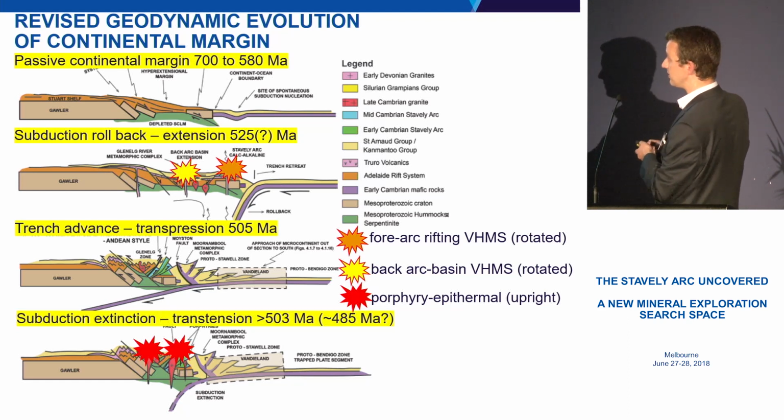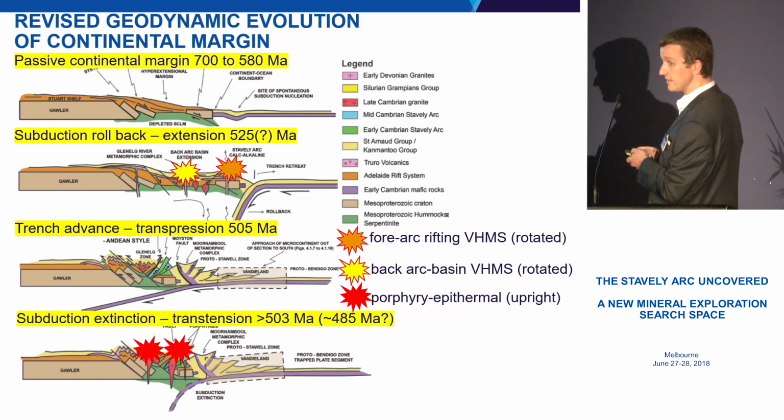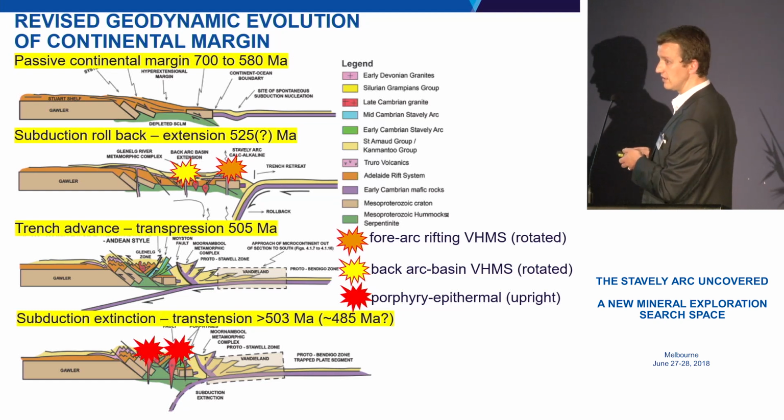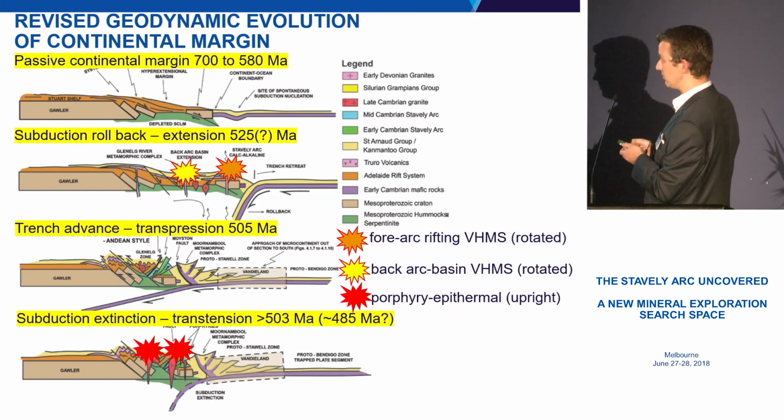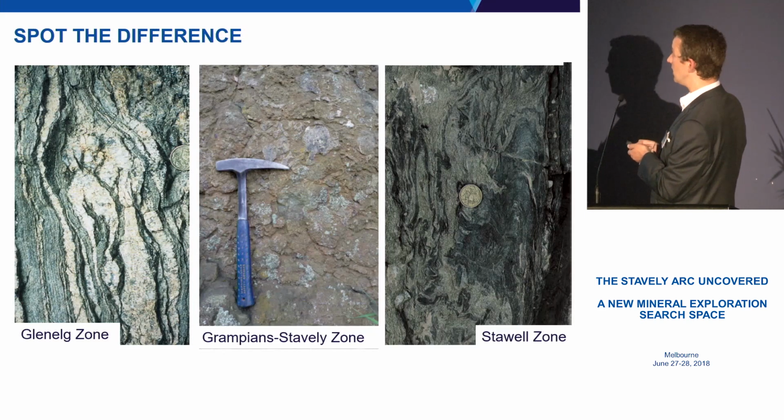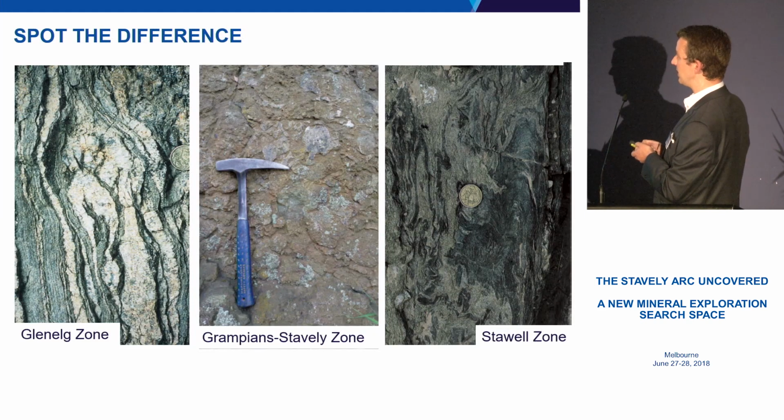And the porphyry epithermal systems have formed pretty late in the piece and would be preserved upright because once this docked, subduction went extinct, jumped outboard, and then really nothing's happened to it since. Just to bring the message home: if you're in the dull rocks, you're in the right position.